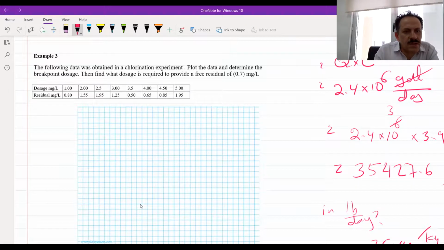It was 1. So what should I have to draw using this diagram? I should say chlorine dose. It was 1.